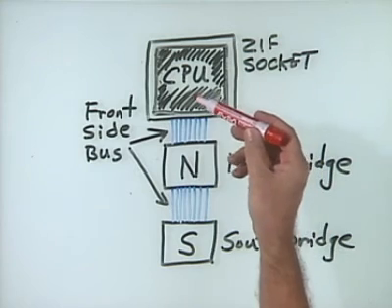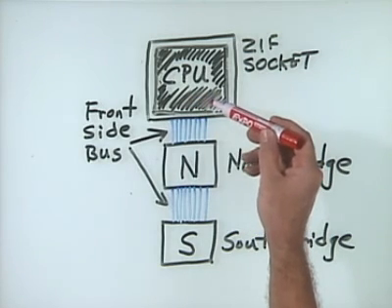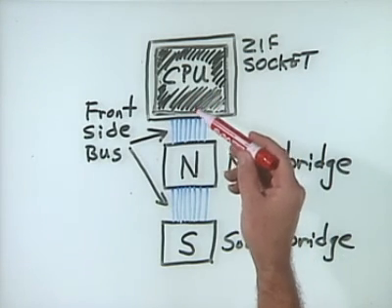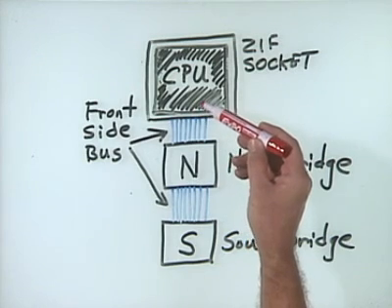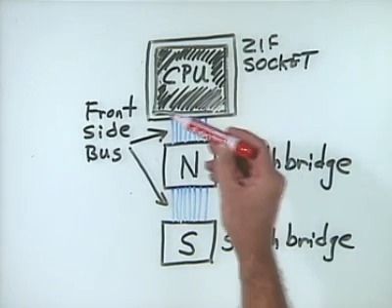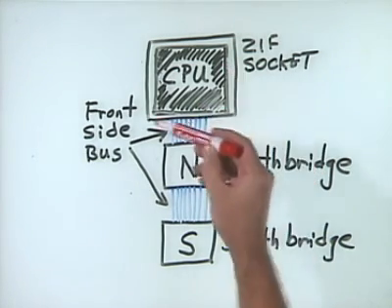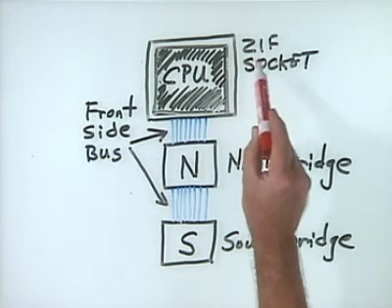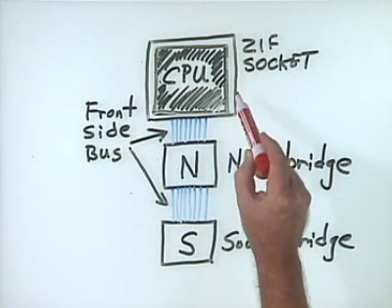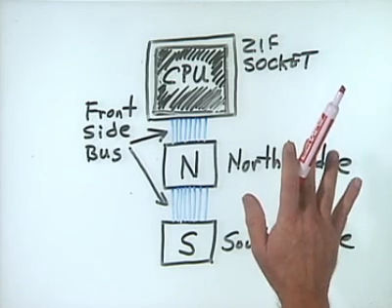Let's look at some of your computer's internal architecture and discuss the front side bus, the North Bridge, and the South Bridge chipsets. Here we have a PGA, pin grid array, or possibly SPGA, staggered pin grid array, form factor CPU in its zero insertion force socket on a system board.